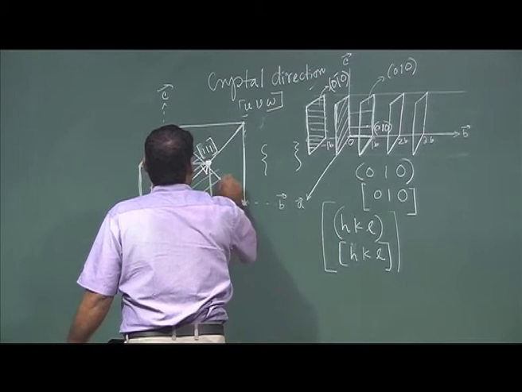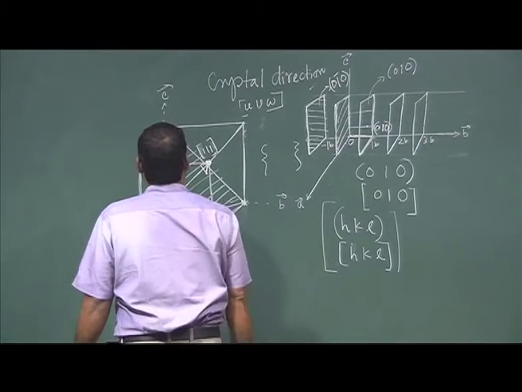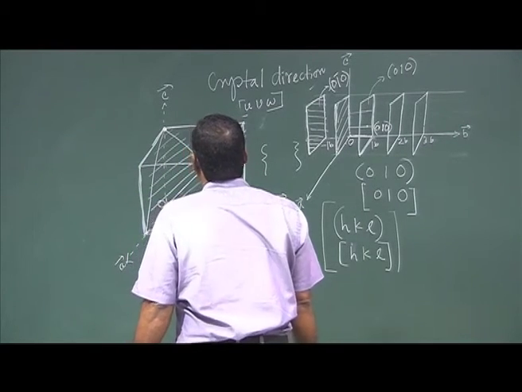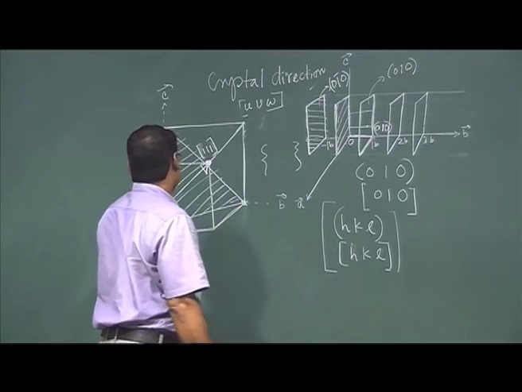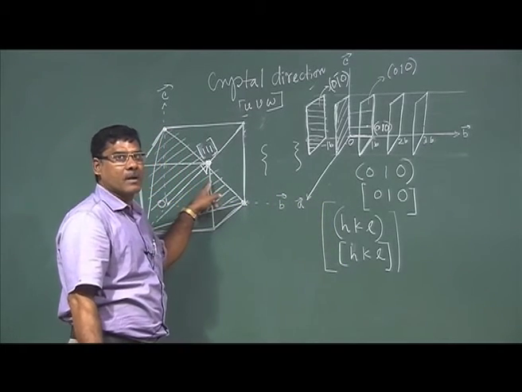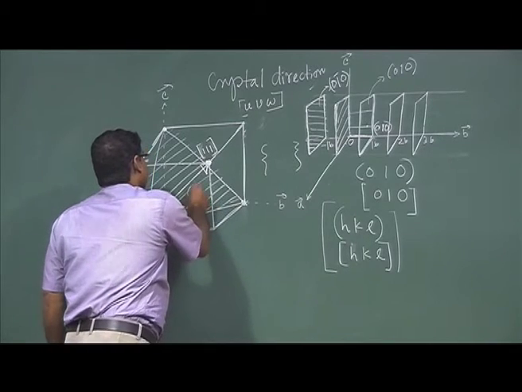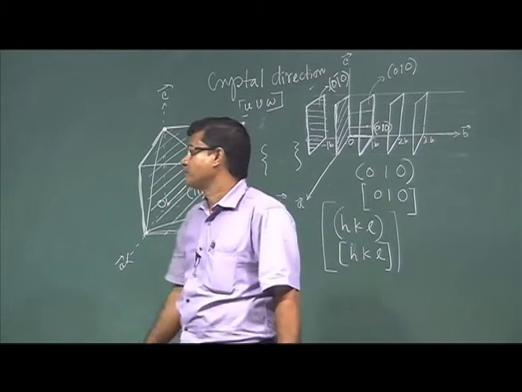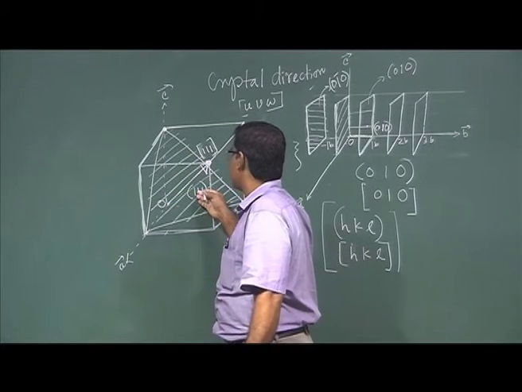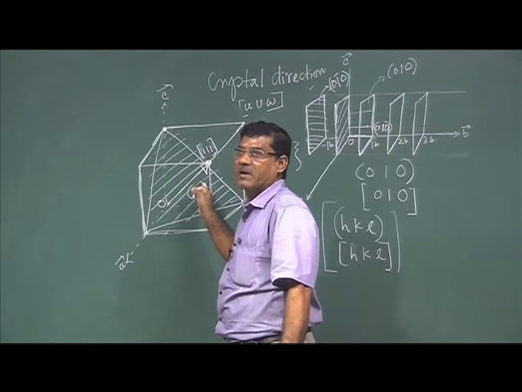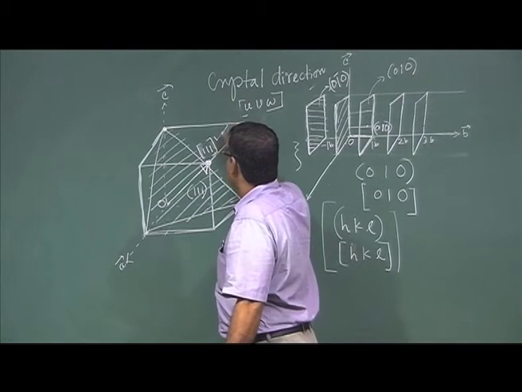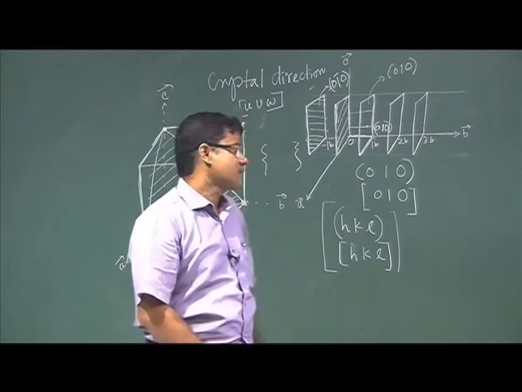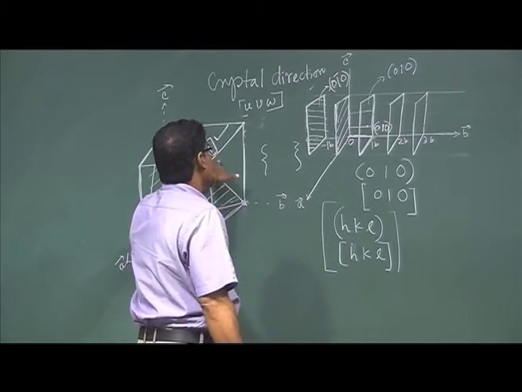This will be the 1 1 1 plane, and if you take a normal on this plane, then you will see that the direction of this normal is basically this. You can do it yourself, it's not a difficult job, so you can find out.